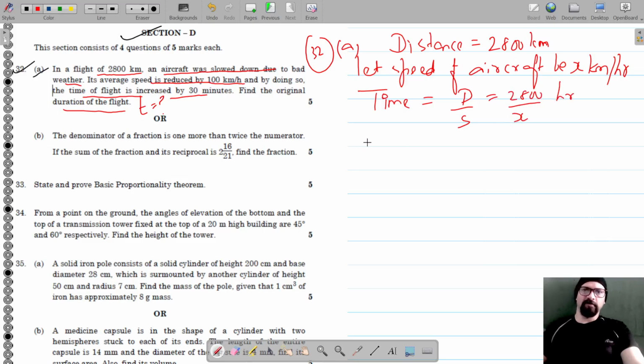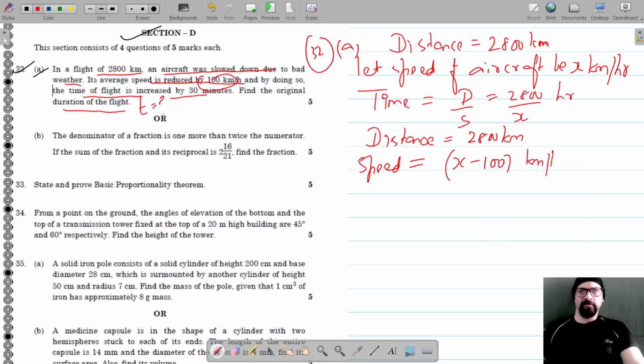So this is in hours. Okay, for second case, the distance is still 2800 kilometer, and now the speed has been reduced by 100 kilometer per hour owing to bad weather. So this is x minus 100 kilometer per hour. And now the new time in this case is once again distance by speed.